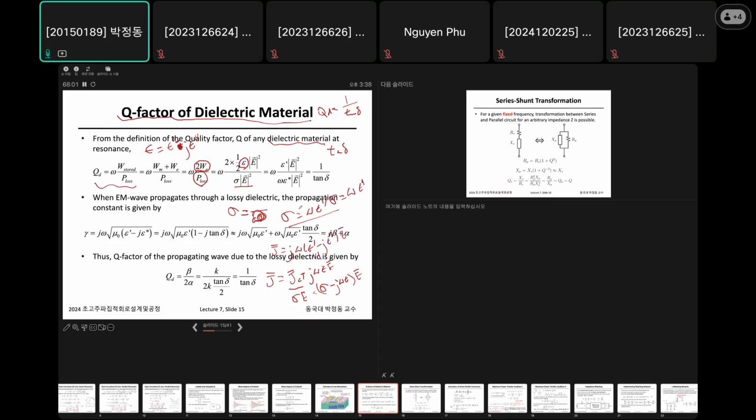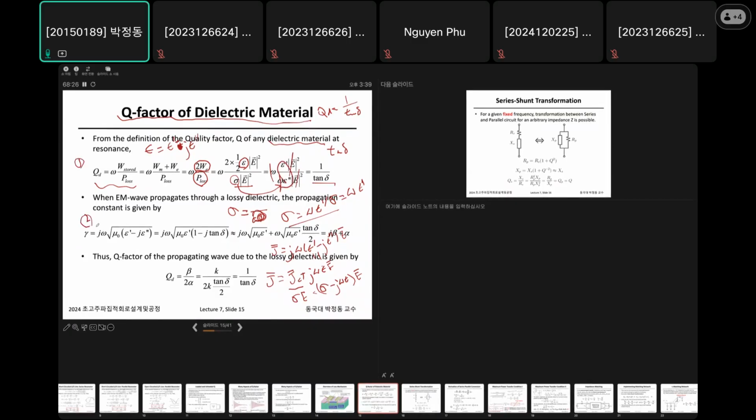So this cancels, and what is left is epsilon prime over epsilon 2 prime, which is exactly 1 over the loss tangent. So this is one way.